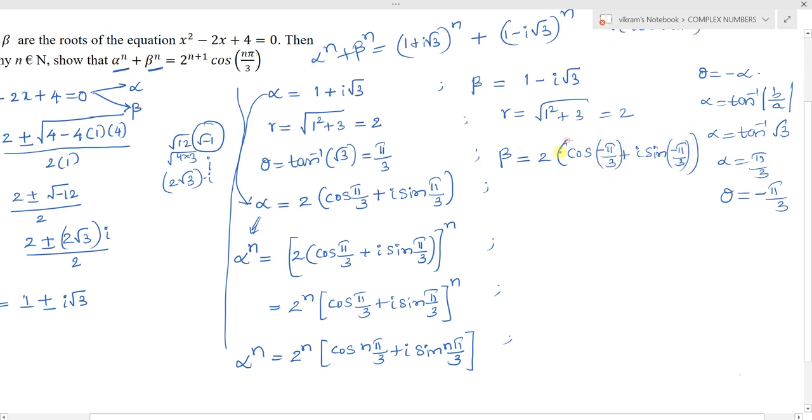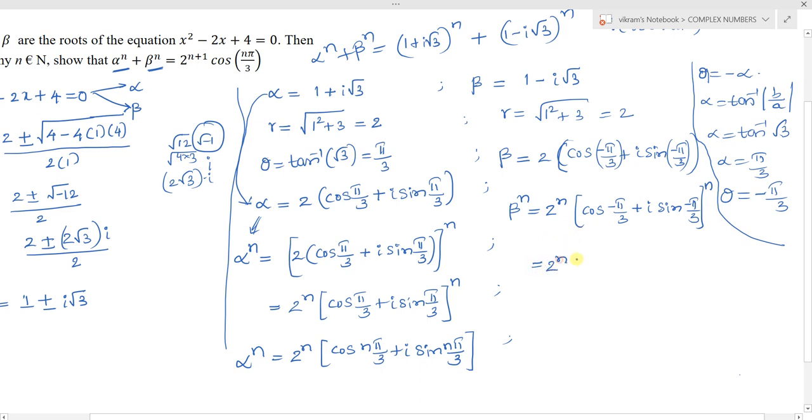Now we need to find beta power n. Directly applying power n, I can write it as 2 power n into cos of minus pi by 3 plus i sin of minus pi by 3, whole power n. Here we apply De Moivre's theorem.